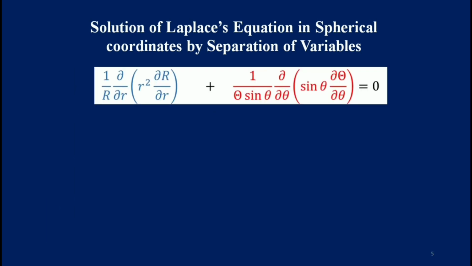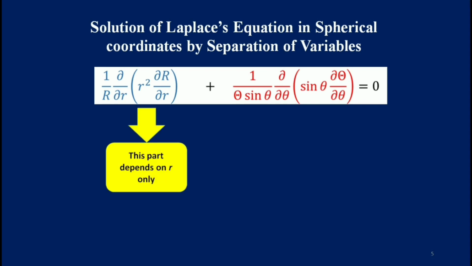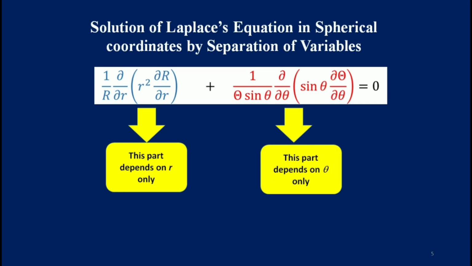The first term, 1 upon R, derivative of r squared dR/dr, is only dependent upon small r. The second term, 1 upon Theta sine theta, derivative of sine theta dTheta/dtheta, is only dependent upon theta.